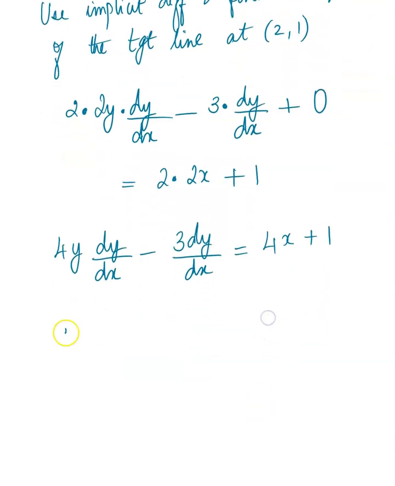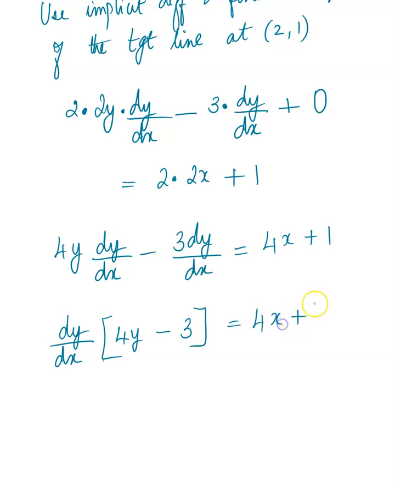Pull out the dy over dx. And then one more step, divide both sides by 4y minus 3. That gives us dy over dx equals 4x plus 1 over 4y minus 3.